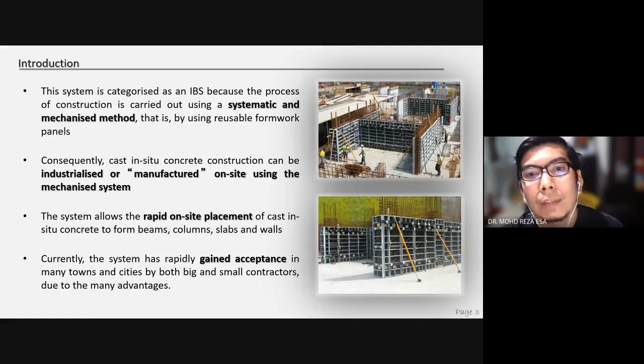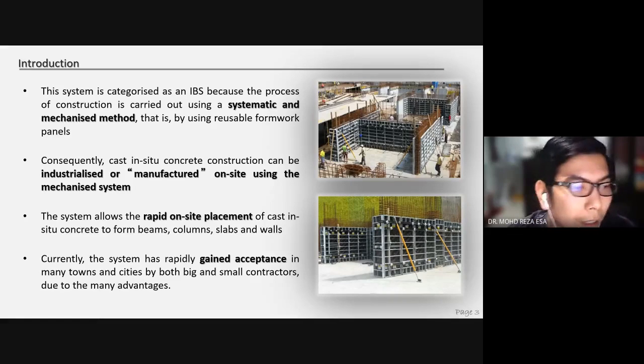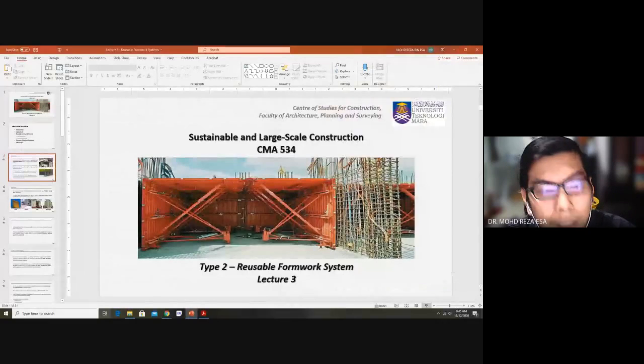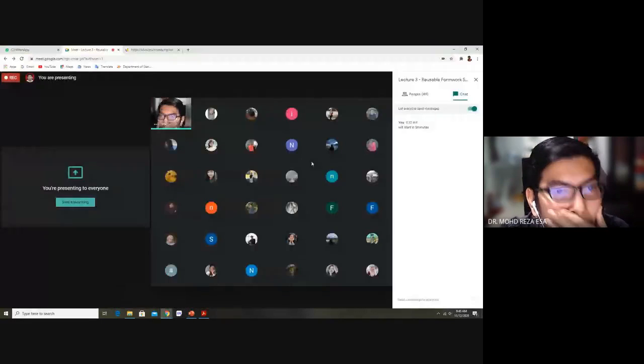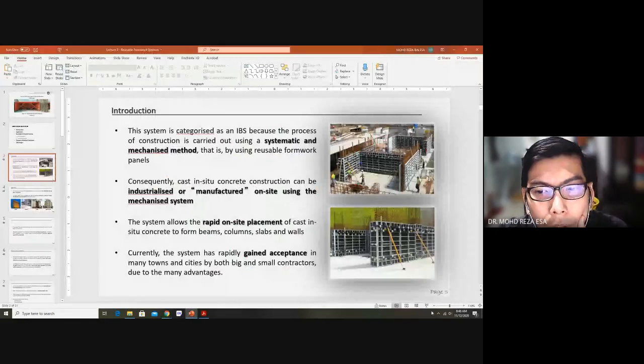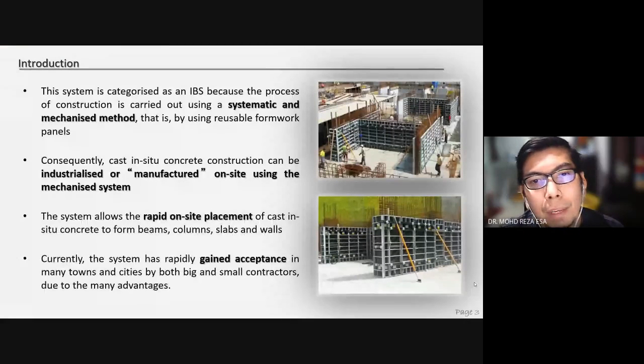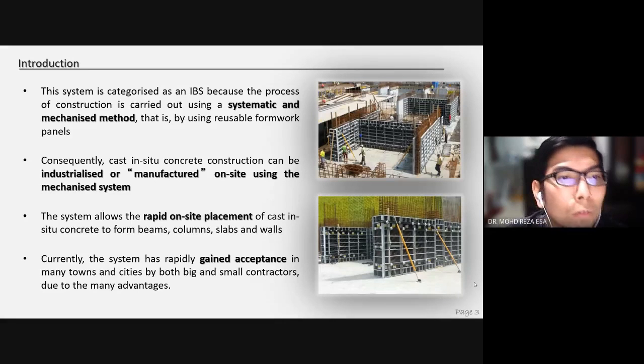Sometimes sekali guna je, lepas dah cabut tu dah pecah dan sebagainya the formwork. So when using reusable formwork, it can be repeated more than 20 times sometimes. Lebih 20 kali, lebih 30 kali boleh guna. So that's the good thing about reusable formwork system. They create the element of repetition.